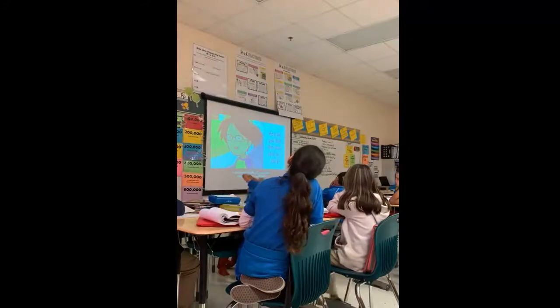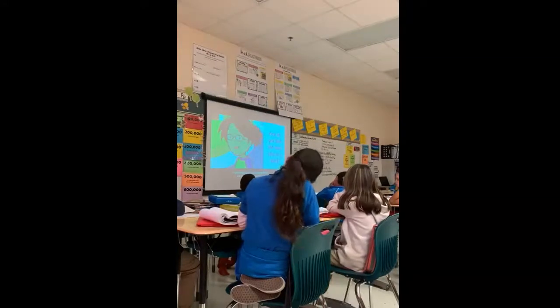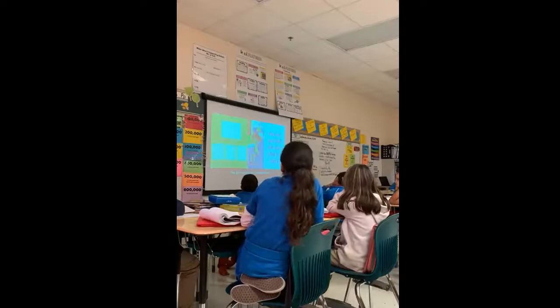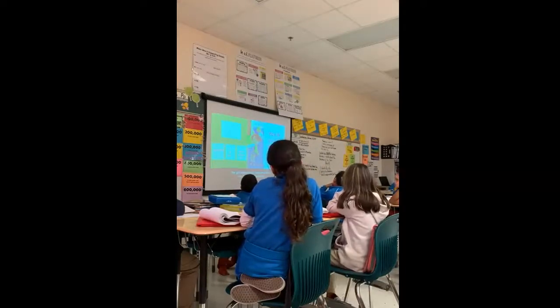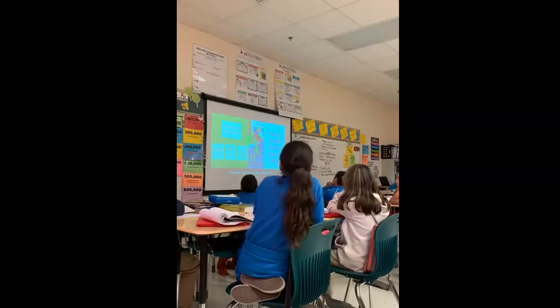I can look at the supporting details to figure out the main idea. The girl was nervous, wanted to leave, and her sister helped her. Right, Moby. The main idea is the girl gets over her fear with a little help.